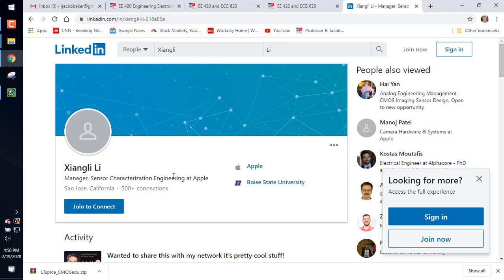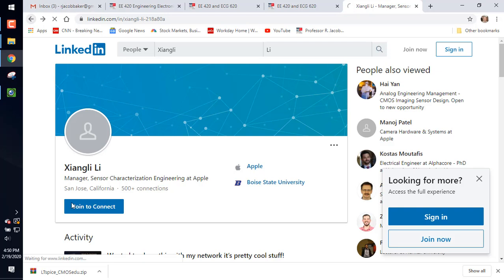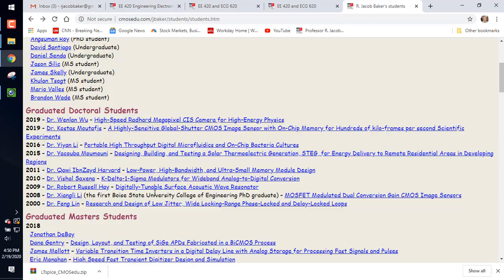As a side note, my last two PhD students worked on radiation hard, high speed shuttered cameras for scientific experiments like the CERN Super Collider.